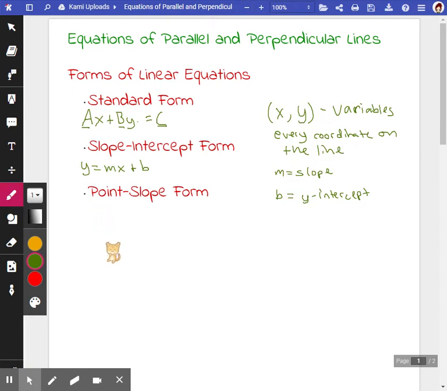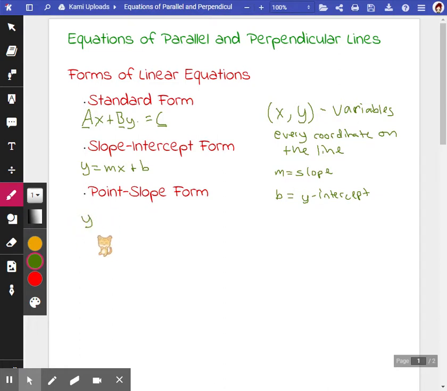Point slope form is a little bit different. Standard form and slope-intercept form are the forms that I give you equations in. Point slope form is really a tool that you're going to use. You're going to go plugging things into point slope form. I'm usually not going to give you anything in point slope form. It looks a little like slope-intercept form, but instead of having a y-intercept, you have a coordinate built into it.